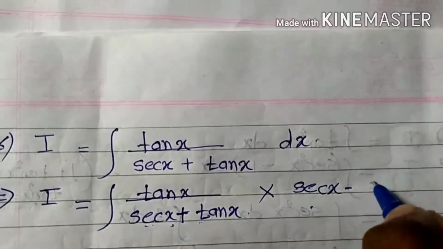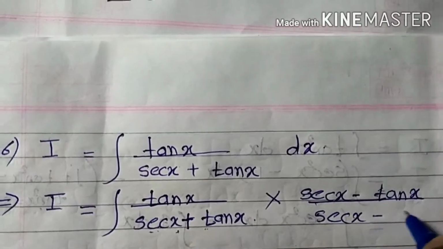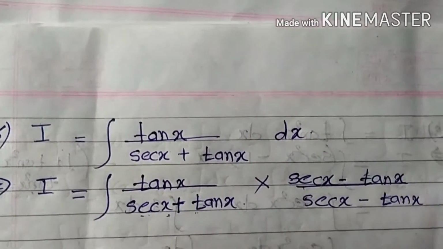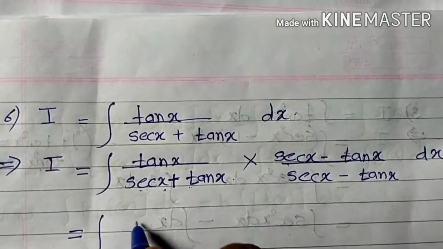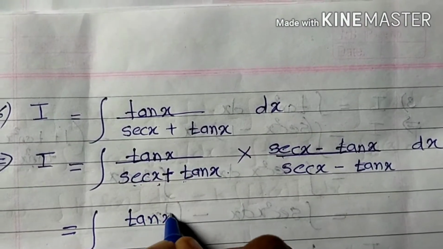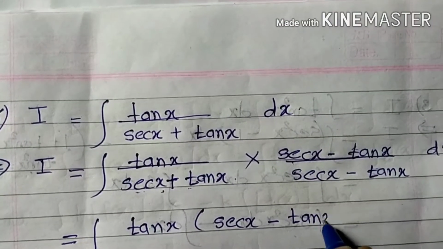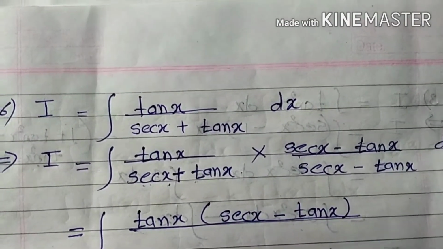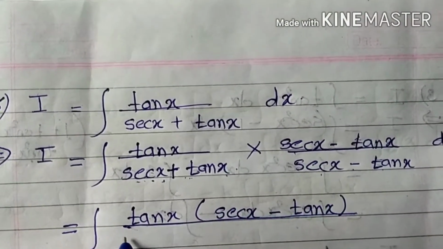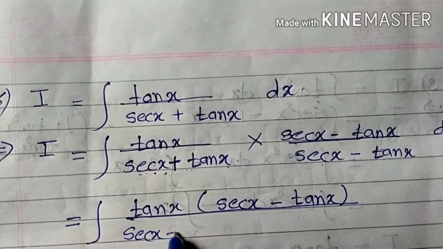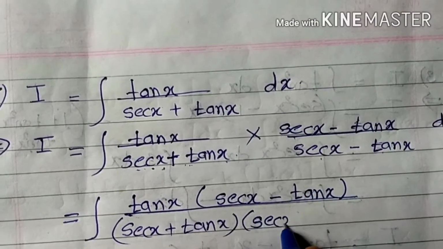So multiply it and divide also, and it is over dx. So it is tan x into sec x minus tan x upon, we know that (a plus b)(a minus b), or you can write here like that, (sec x plus tan x) into (sec x minus tan x).